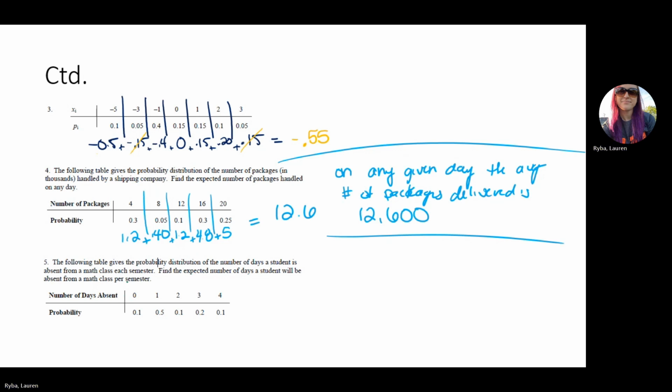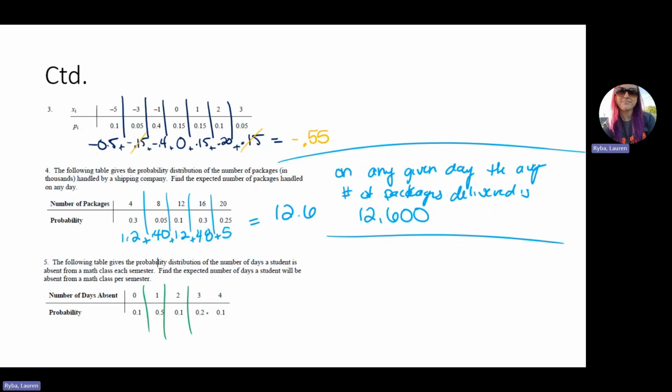So 0 absences happens 10% of the time, 1 absence 50% of the time, 2 absences 10% of the time, 3 absences 20% of the time, 4 absences 10% of the time. So 10% of the students are absent 4 days, 20% 3 days, 10% 2 days, 50% one day, 10%, they come every day.